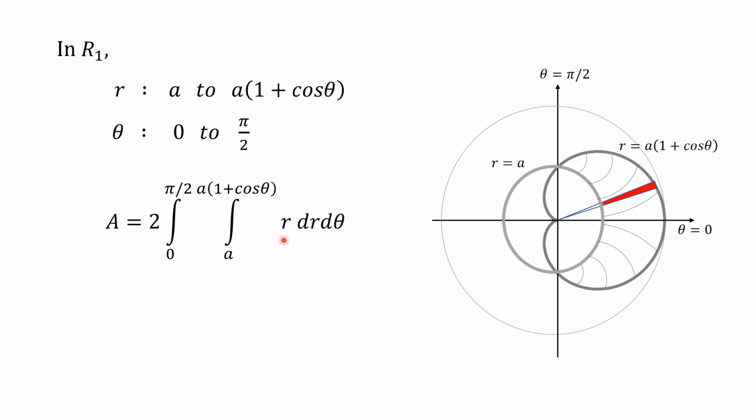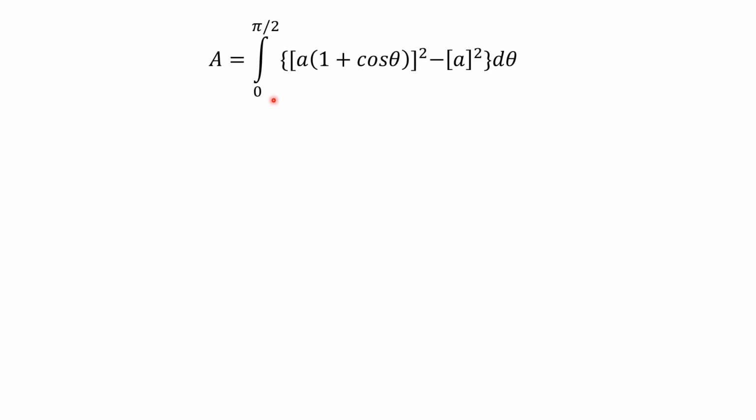Now, we will integrate this with respect to r. Its integration is r square upon 2, limits are from a to a into 1 plus cos theta. In further simplification, we will cancel these two. We will put the upper limit and lower limit and it will give us A equal to integration from 0 to pi by 2 of a into 1 plus cos theta, bracket square, minus a square, d theta.